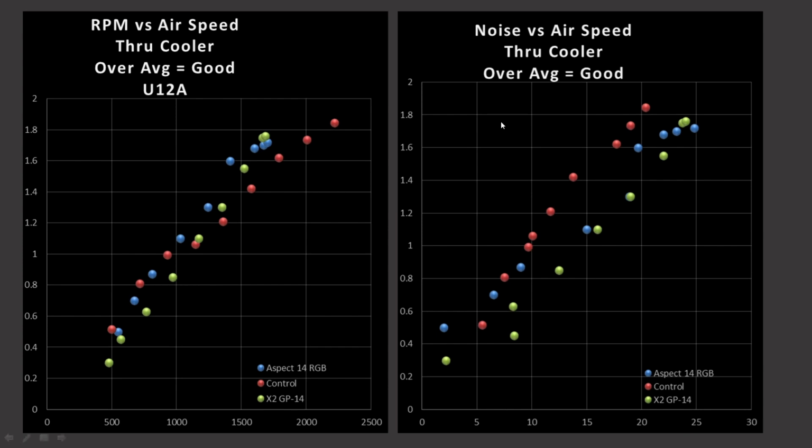On the right side here, we have noise versus airspeed. So now this is a noise efficiency graph. It is how quietly can this fan push a given airspeed. And this is where these two fans tend to fall apart. They're significantly noisier, about 5 decibels. So that's not twice as loud. It's like half again as loud.